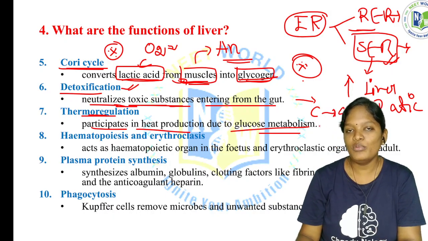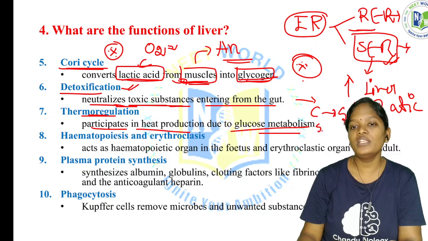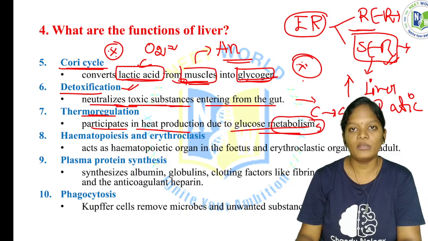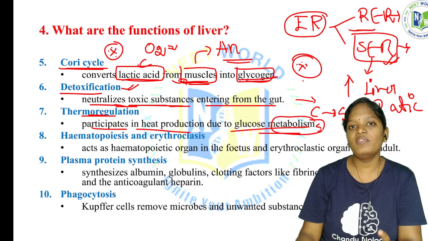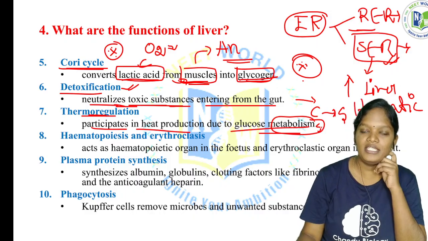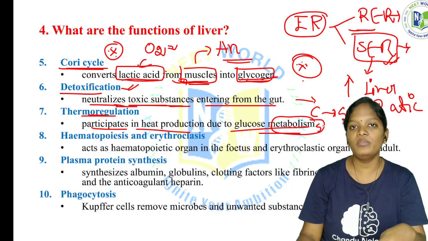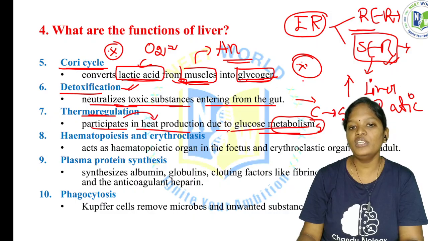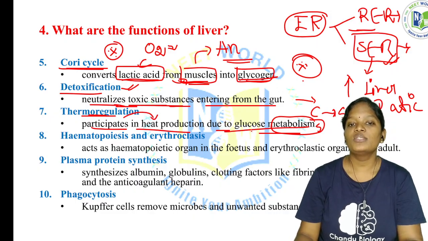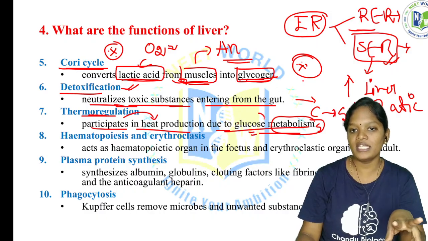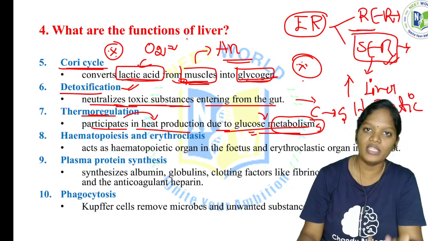In anabolism, many simple molecules together form complex molecules, and this is considered metabolism. Whenever metabolism is taking place, the byproduct released will be heat. So it participates in heat production due to glucose metabolism. We have studied carbohydrate metabolism, which is nothing but the glucose metabolism happening in the liver.